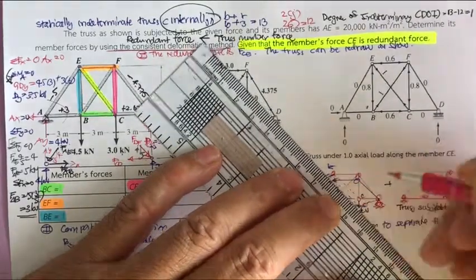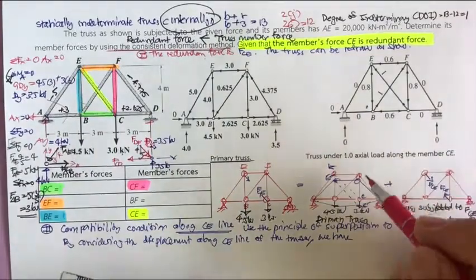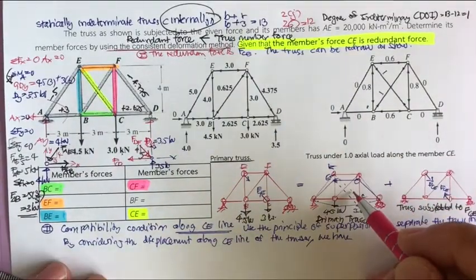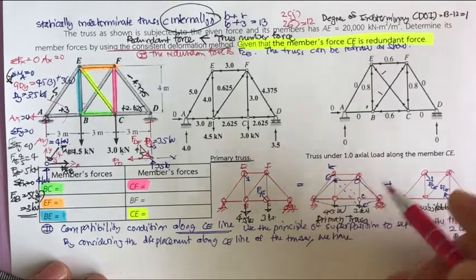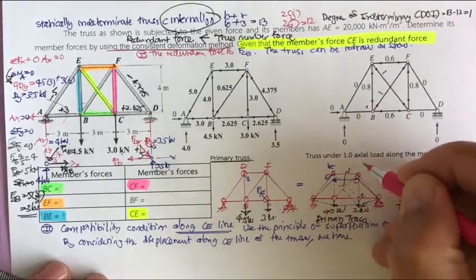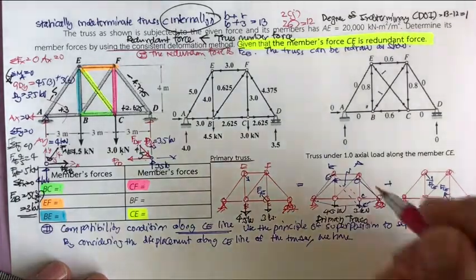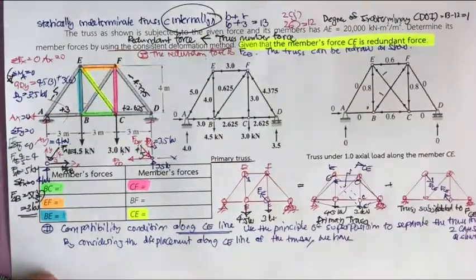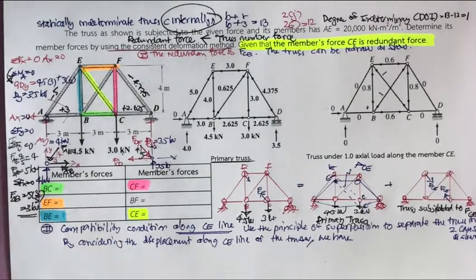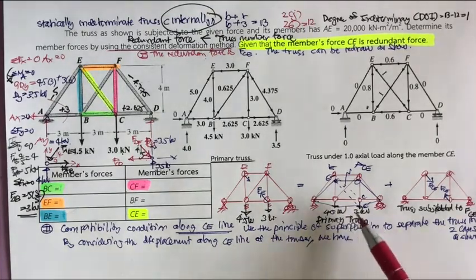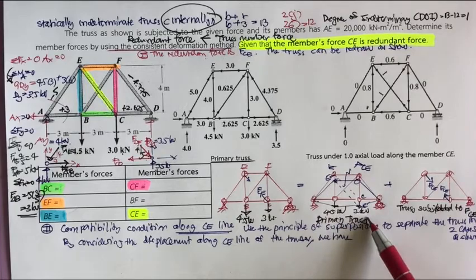Okay, and then we can subtract the length of this blue line from the length of this red line, and then we say this is the delta along the CE. Okay, it's the change of the length along the CE line before the application of the force compared to after the 4.5 kilonewton and 3 kilonewton applied to the truss.